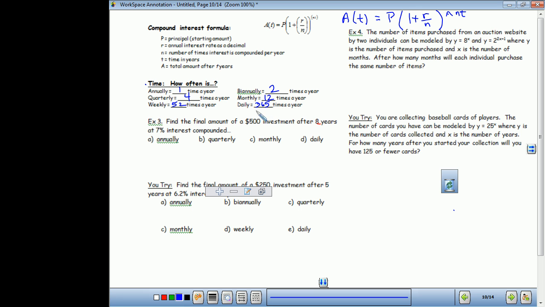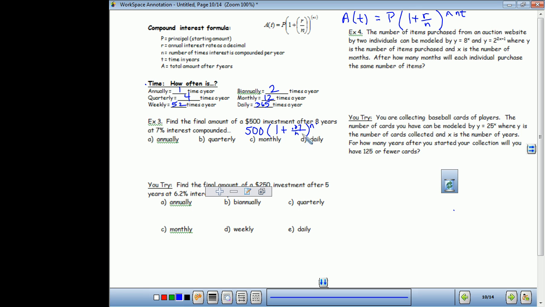So if we were going to evaluate for this situation, find the final amount if a $500 investment after 8 years, 7% is compounded, and these are our different ways. So what we would do is we would start off, our initial investment is $500, our interest rate is 7%. That's ridiculously high for current days.